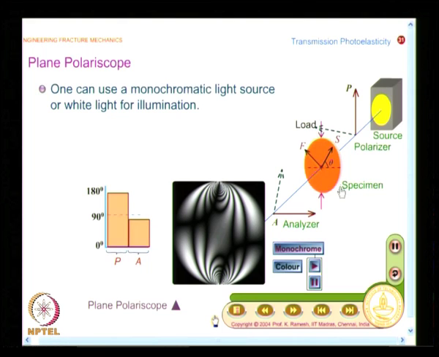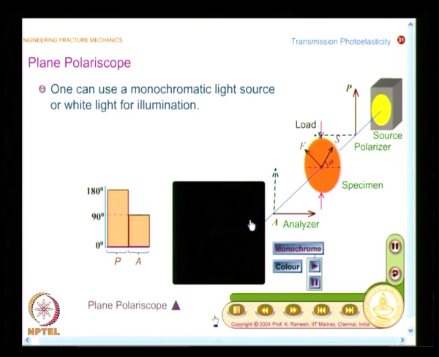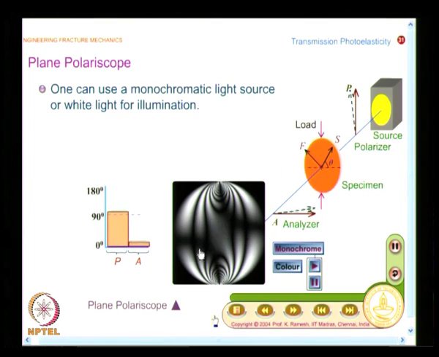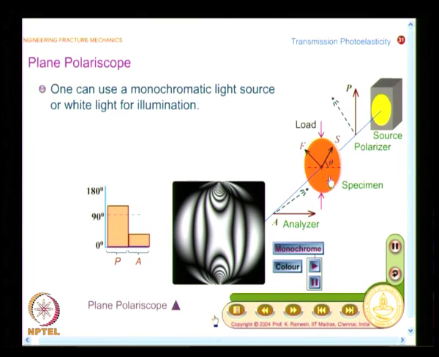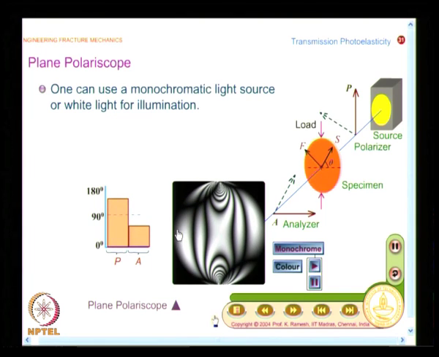So, what you can now appreciate is, when I keep a model in a plane polariscope, I see two sets of contours. One set of contours where the model behaves like a wave plate. Why do I see multiple contours?